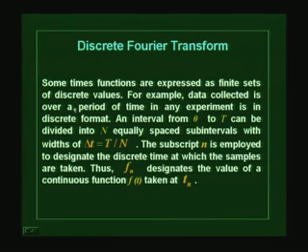Such a computation would be called a discrete Fourier transform, as opposed to the integral transform. As opposed to an integral to obtain the Fourier transform, we will here do a discrete sum, and that is what we will be looking at.